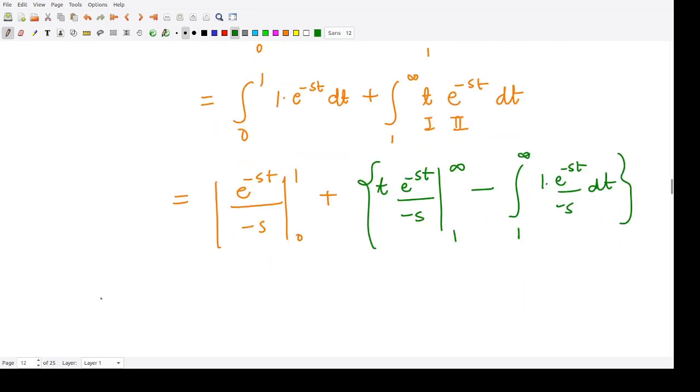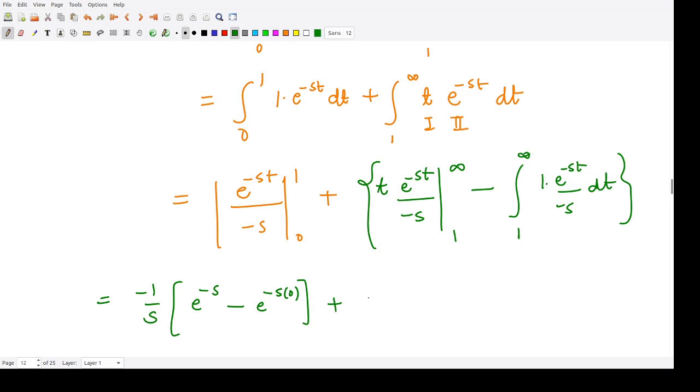Now if you substitute the limits here, minus 1 by s, being constant, would come out. When you substitute t equal to 1, you would have e to the power minus s, and when you substitute t as 0, you would have 0 here.